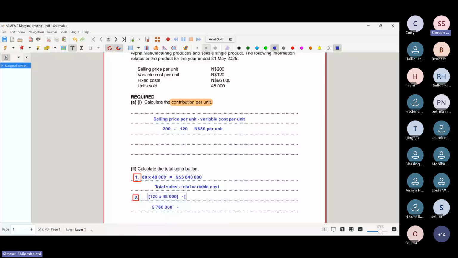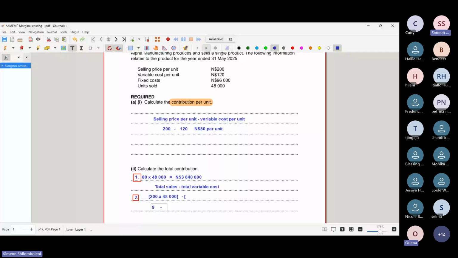Our total here is, this is 200. Our selling price, remember, our selling price is here, 200. Can I get the correct answer here? Nine million 600,000. Okay.